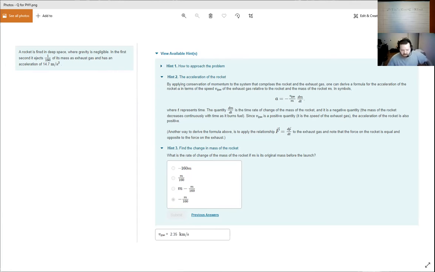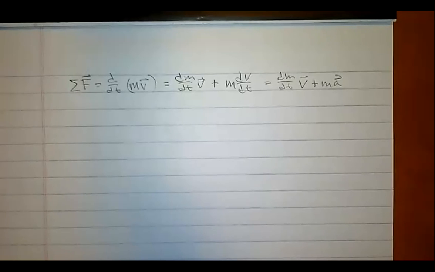But yeah, basically I was just hoping you could walk through how you do it. Okay, so yeah, I would use conservation of momentum just like this one's doing. It says a rocket is fired in deep space, and 1/160th of its mass is exhausted.